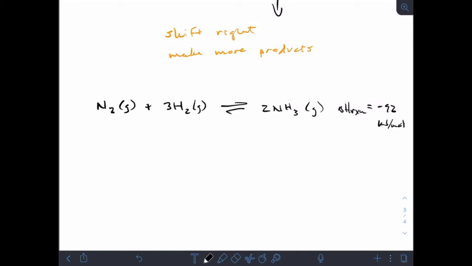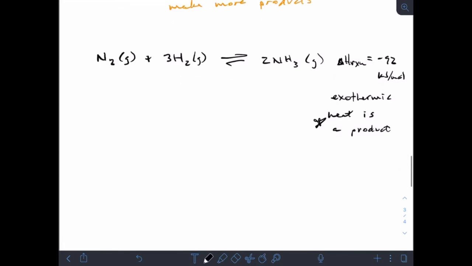That negative sign, remember, that should be a triangle, delta H. So the negative sign on delta H means that this is exothermic, right? That means that heat is a product. This is a very important aspect of things. If it's an endothermic, then we have to put heat in, and heat becomes a reactant.